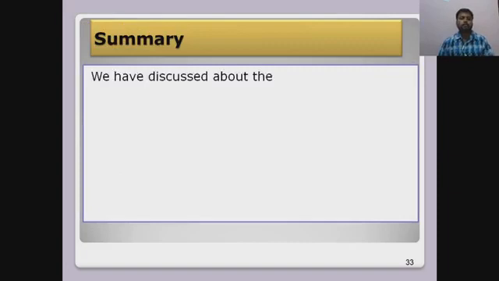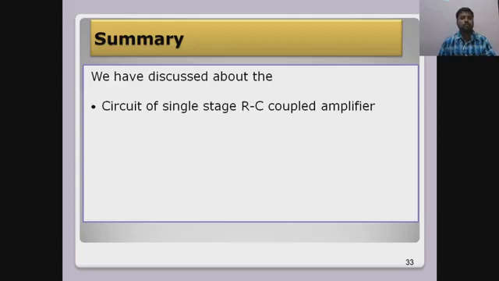Summary, what we have discussed in today's class. The circuit of single stage RC coupled amplifier and the function of each component in the RC coupled amplifier. The circuit consists of two transistors in stage 1 and stage 2, and the resistors R1, R2 and RE provide the biasing and stabilization for both the stages.